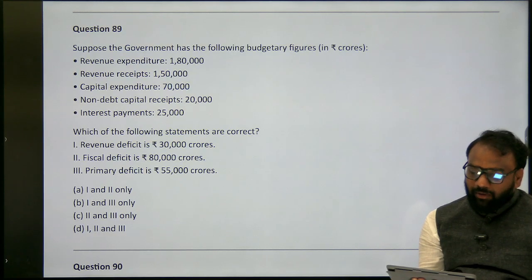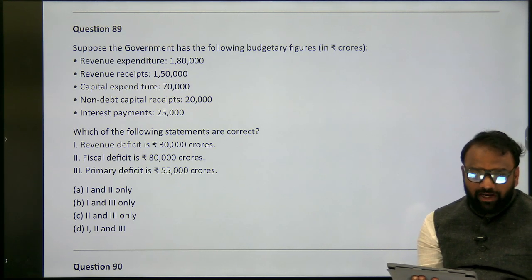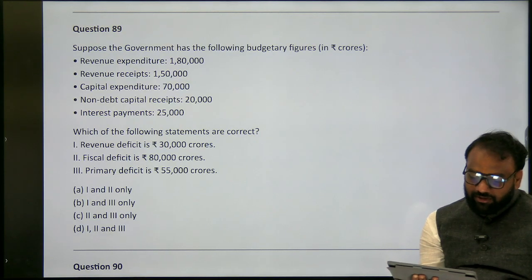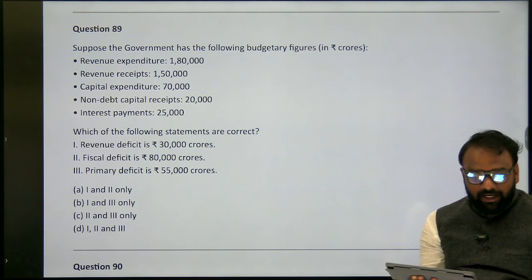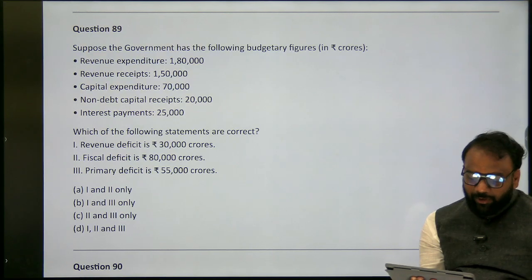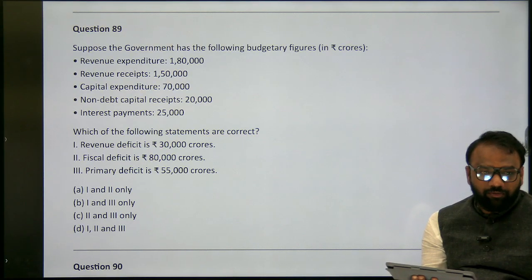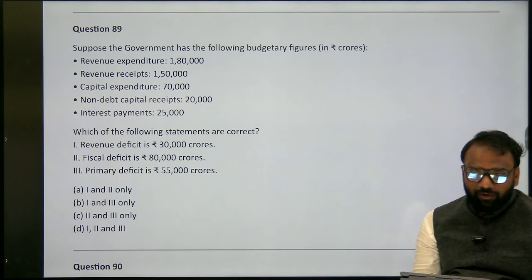suppose the government has the following budgetary figures: revenue expenditure 1,80,000, revenue receipts 1,50,000, capital expenditure, net debt, capital receipts, interest payments. So what is the revenue deficit? 30,000 crore. What is the fiscal deficit now?